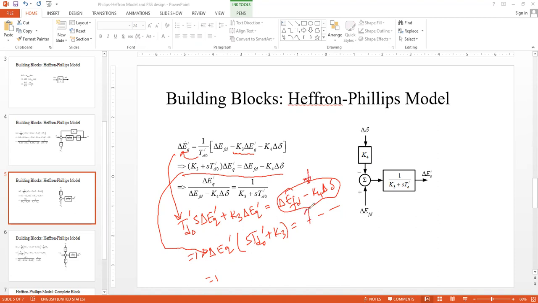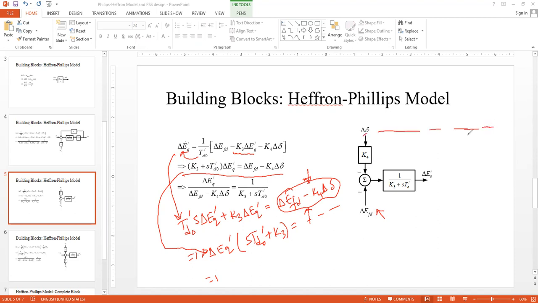This would be formed with the help of the summing junction over here. So you have a plus input to the summing junction, which is delta EFD. We will take this delta EFD in the next slide, from where it's coming. But for the time being, we'll take it as available to us. So delta EFD is one input to the summing junction, minus K4 del delta, and this is coming actually from the other part of the blocks.